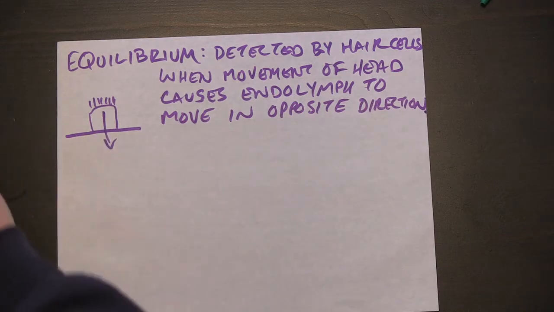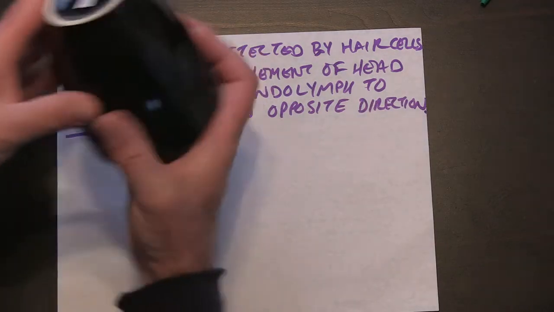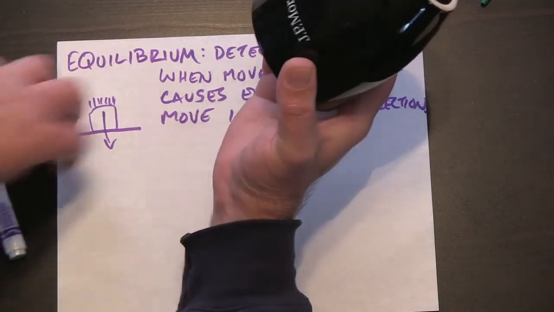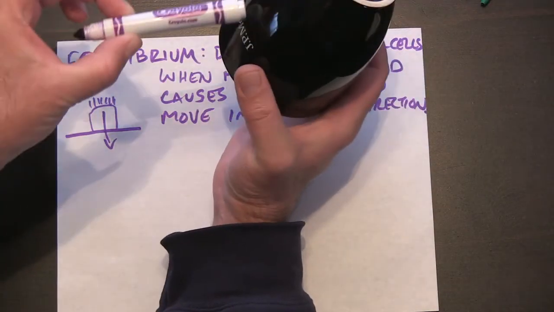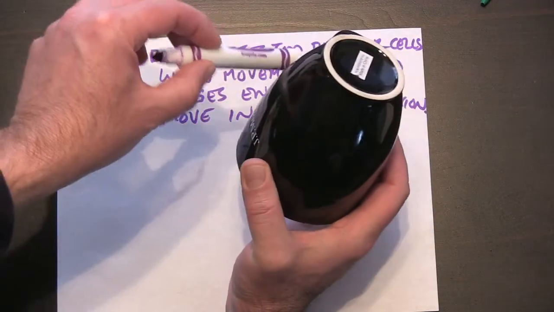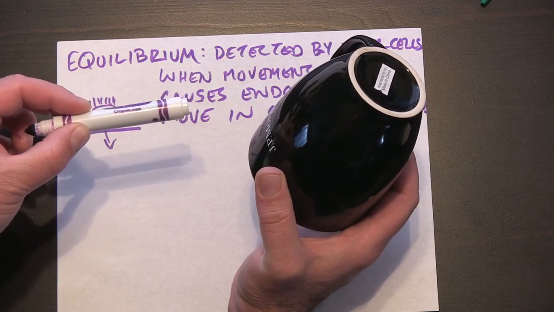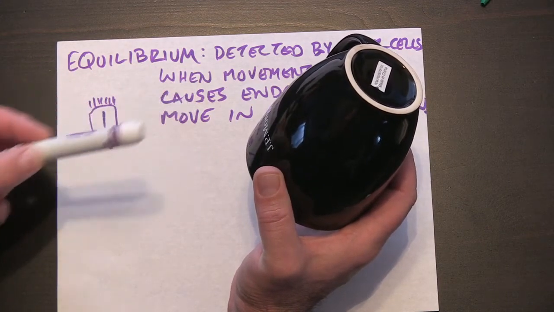Okay, so if your head pushes that way, the endolymph is going to be pushing the opposite direction. If I move my head that way, because of gravity, the endolymph is basically moving in the opposite direction, and that causes the hair cells to be stimulated.